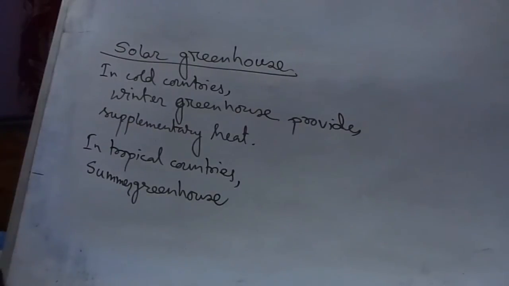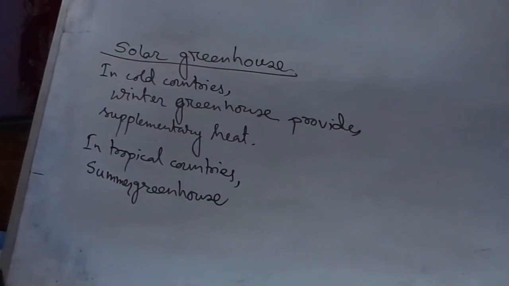Plants require moderate temperature and light, and adequate quantities of carbon dioxide, oxygen, minerals, nutrients and air environment.